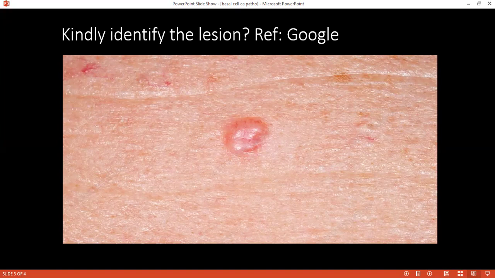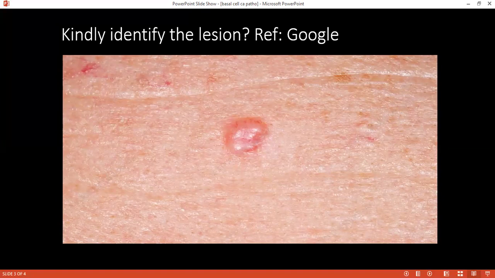Basal cell carcinoma will have an everted or rolled edge, and squamous cell carcinoma will have an inverted edge. Basal cell carcinoma is mostly localized, and squamous cell carcinoma spreads to nearby lymph nodes.